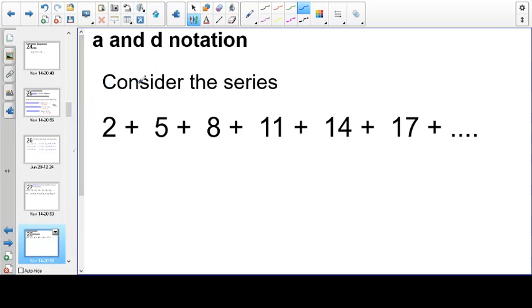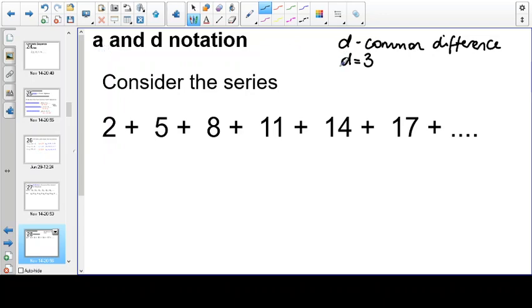So just consider this series 2, 5, 8, 11, 14, 17, and so on. So you can see that this is going up by 3 each time. So D, which is the common difference, as I mentioned before, D equals 3.